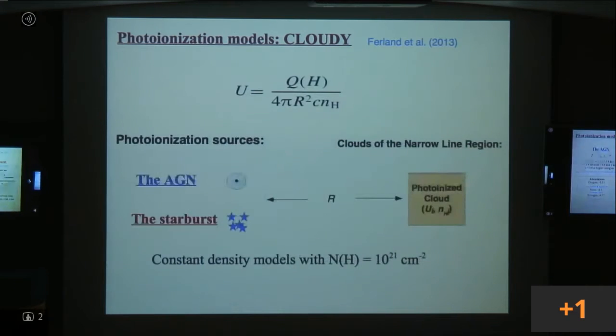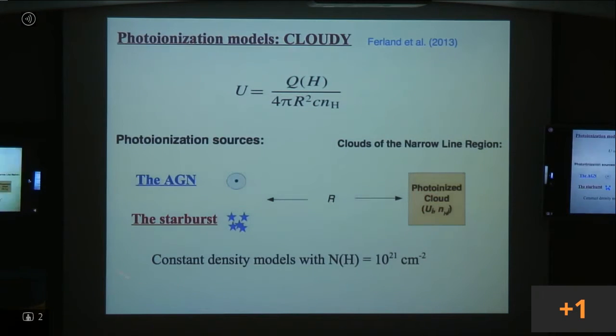Then we vary the ionization parameter and the hydrogen density between the typical range found in the narrow line region in Seyfert galaxies, and here this is the flux of the ionizing photons, r is the distance to the clouds, and c is the speed of light.